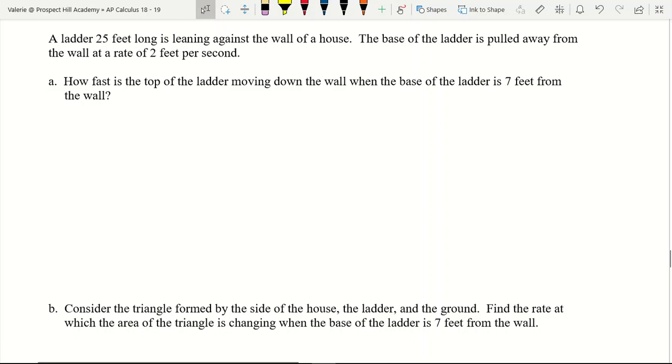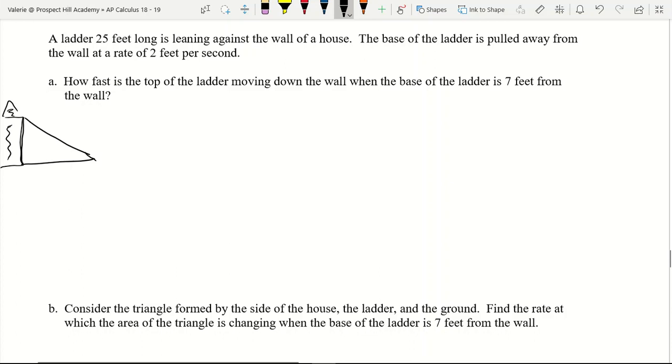So I'm going to draw a sketch of what this problem is probably going to look like. I have a wall, I have a ladder against it, I have a ground. Here's my building, here's my wall.